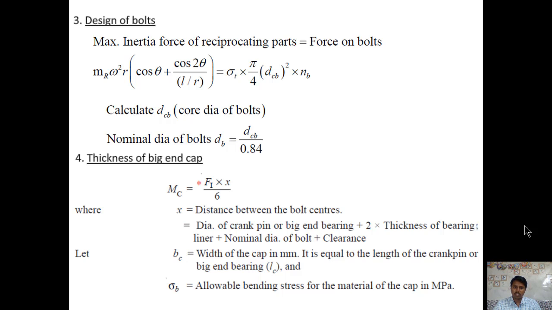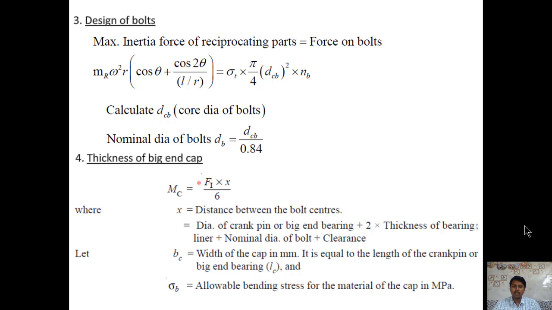In mechanics of machines or kinematics of machinery, we already studied the acceleration of the connecting rod, that is omega square r into cos theta plus cos 2 theta by L by r. So the acceleration is r omega square into cos theta plus cos 2 theta by L by r, because acceleration varies with respect to theta.